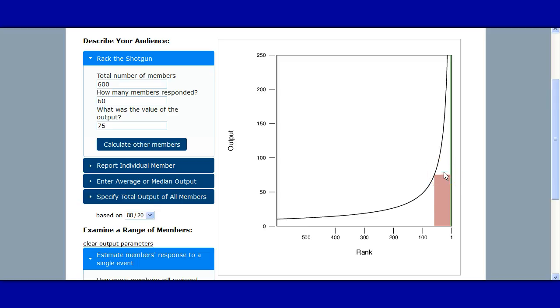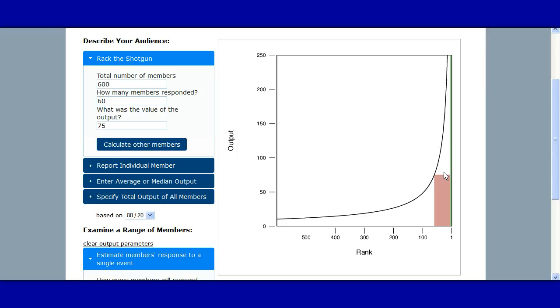Now, let's look at a more expensive product. So we have a $75 product, which is what we have already. That would give us $4,500 in sales. A $100 product would give me $4,200. A $300 product would give me $3,600, and a $500 would give me about $3,000.